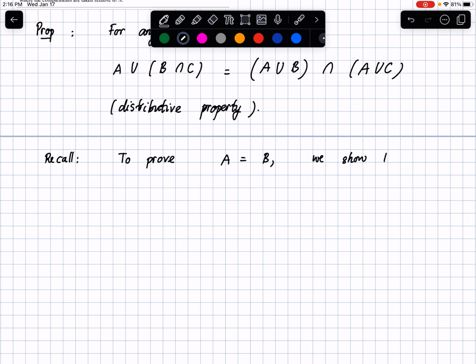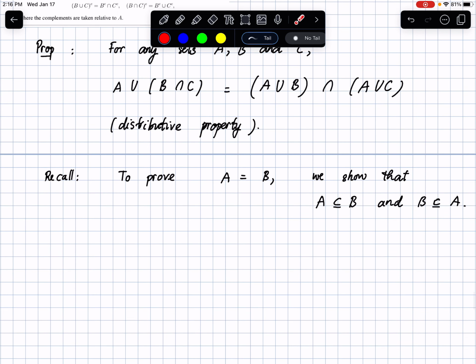We show that A is a subset of B and B is a subset of A. That's the way we do it. So we need to prove two containments, the first one and the other way around. So let's do that.